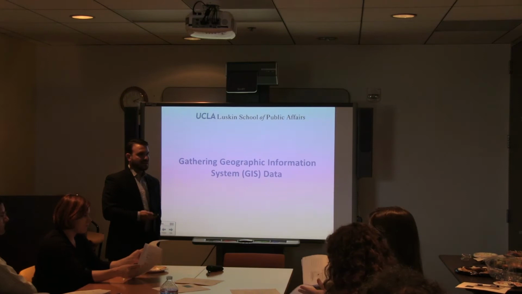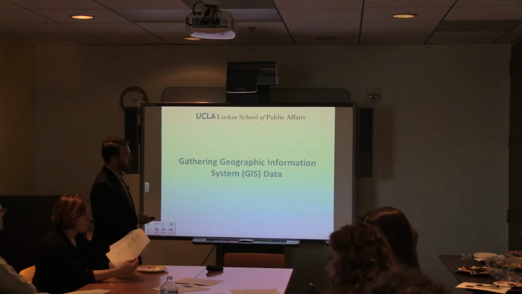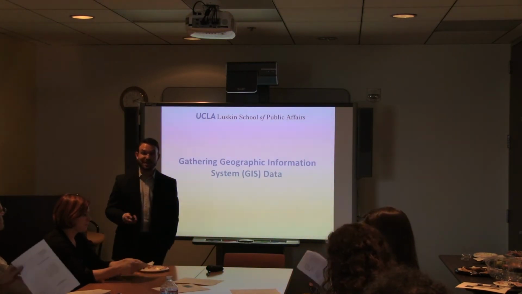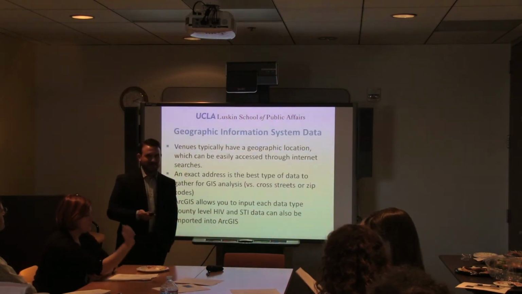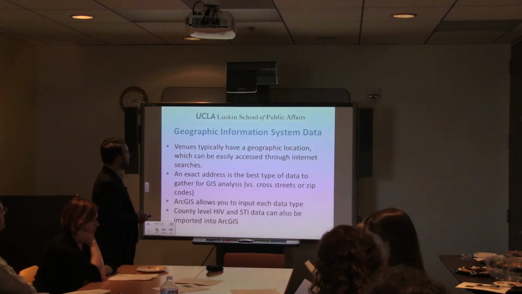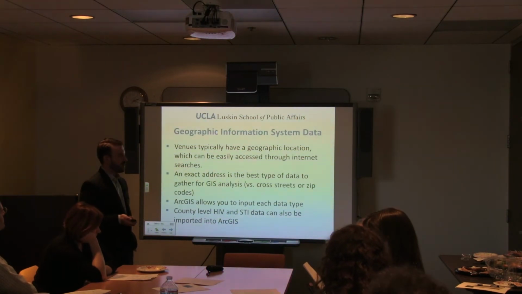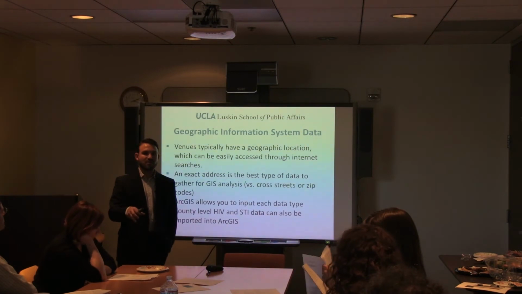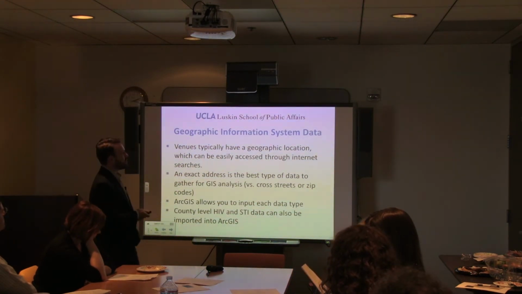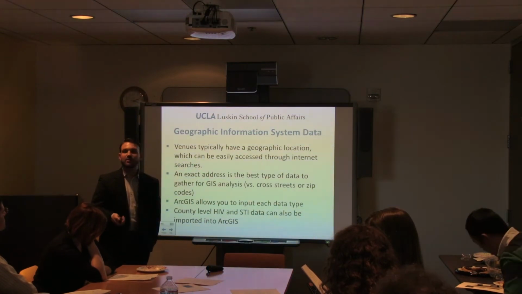Now, GIS, Geographic Information System analysis, is something that's newer to me, so I'm just beginning to learn these methods and integrate them into social network methods. Basically, the idea in using GIS data to complement venue network data is that most venues have a geographic location, if we're thinking about traditional venues in the community.